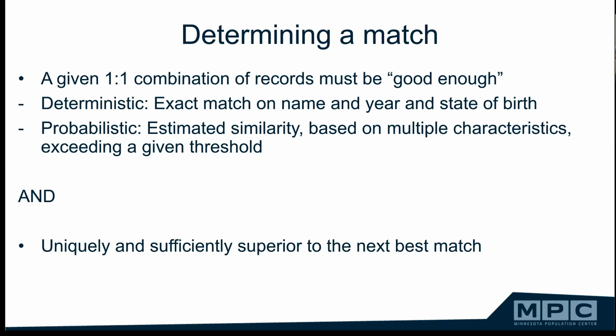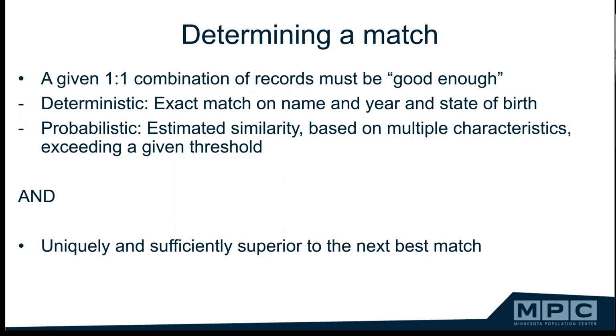The second criterion is that the given combination of records needs to be unique enough and sufficiently superior to the next best match. So what this means is that if there are multiple potential matches that are equally good, or where we're unable to distinguish between equally good potential matches, we will be unable to determine a match, right?